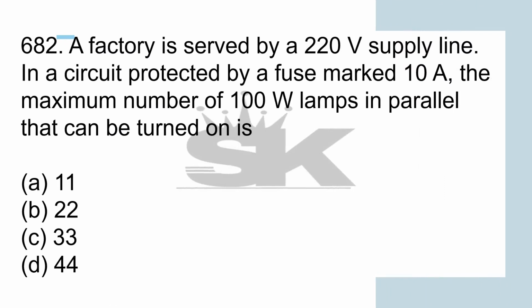A factory is served by a 220-volt supply line in a circuit protected by a fuse marked 10 amps. The maximum number of 100-watt lamps in parallel that can be turned on is?